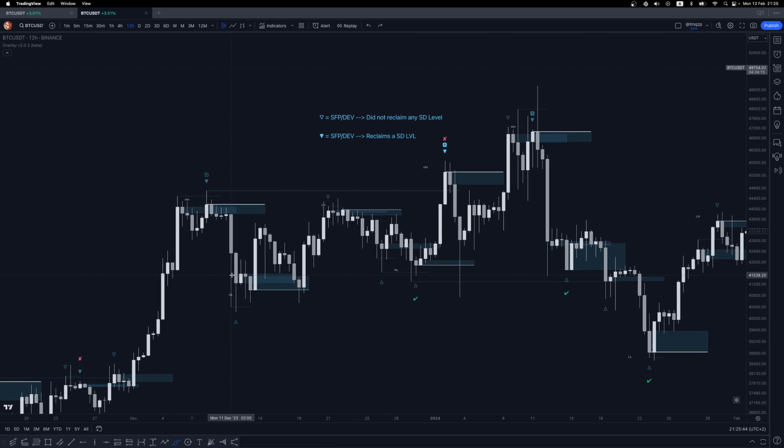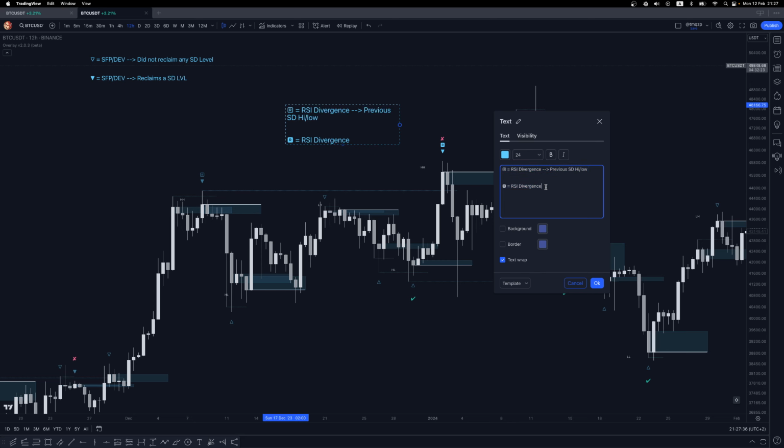What's the difference? This one is an RSI divergence of a previous SD high or low, depending on if it's above or below the candle. And then this one is an RSI divergence of the last higher high or lower low, right?